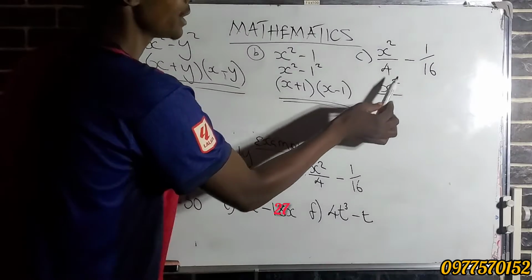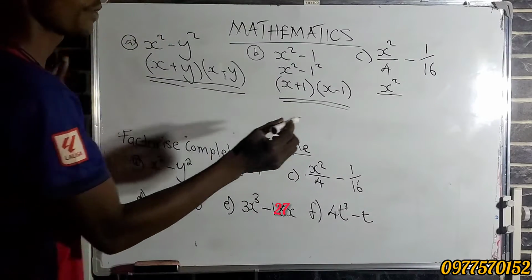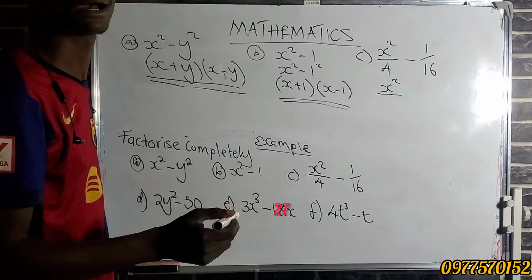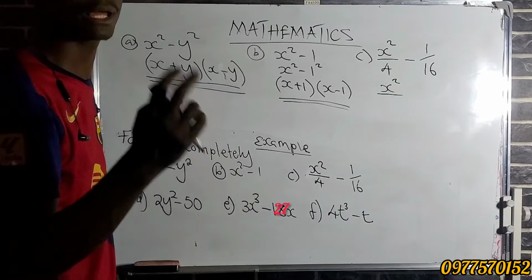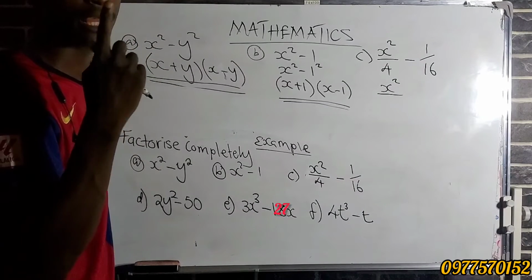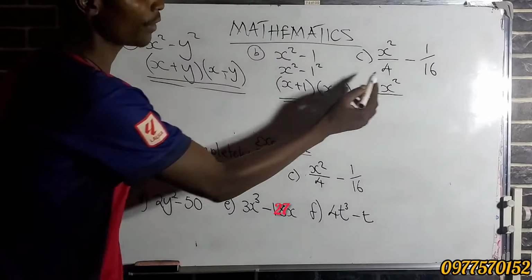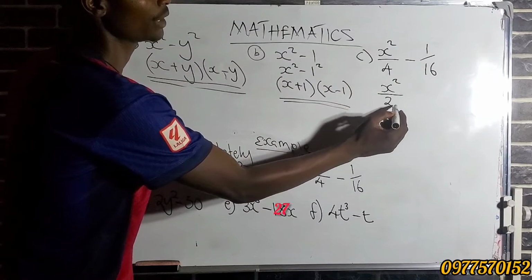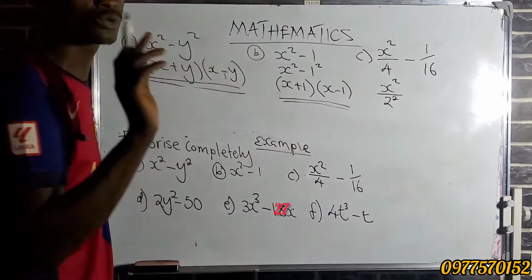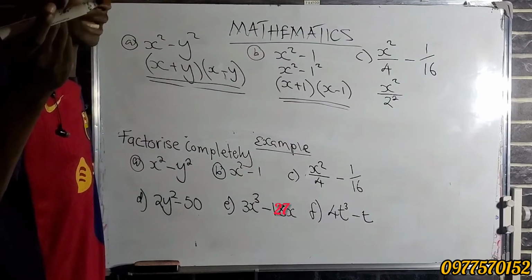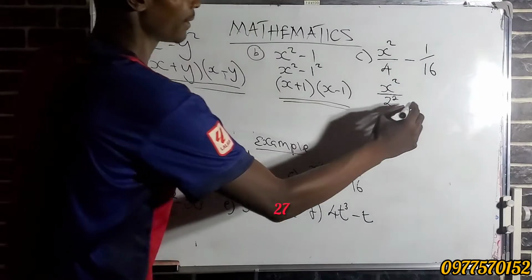So here what you do is you ask yourself, 4 is a square of what number? What number multiplied by itself should give you 4? So 4 is the same as 2 times 2, which is 2 squared. Exactly.